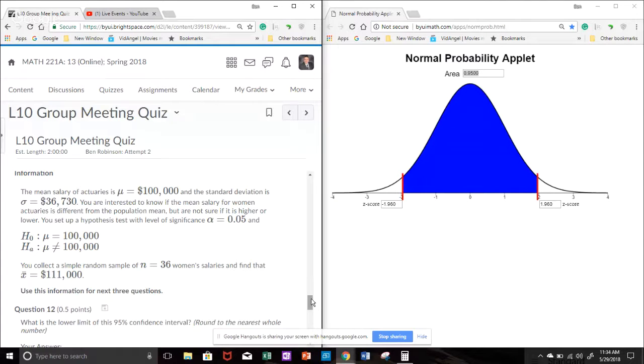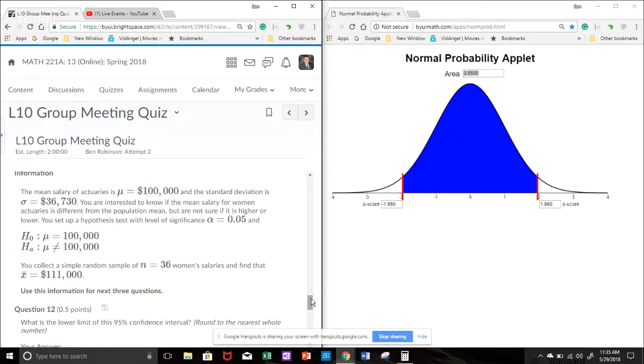A hypothesis test with level of significance alpha equals 0.05, and the null hypothesis is mu equals 100,000, and the alternative hypothesis is mu is not equal to 100,000.